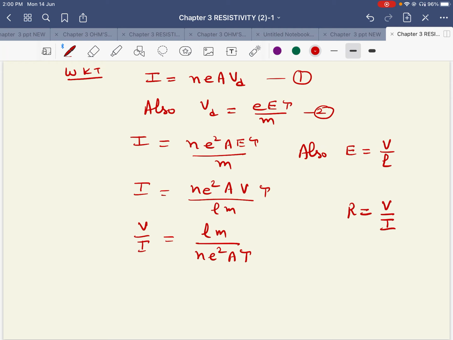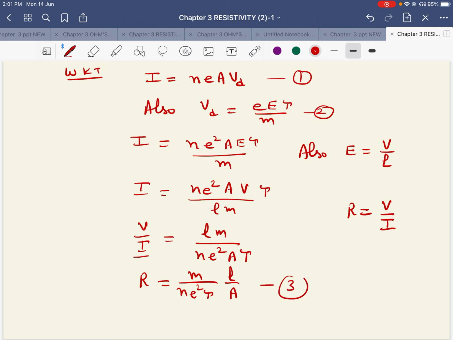Now this V upon I is equal to resistance, that is R is equal to m divided by Ne²τ into L upon A.